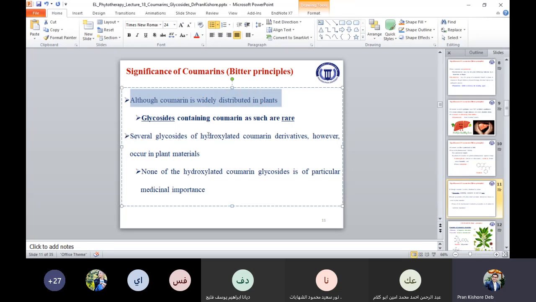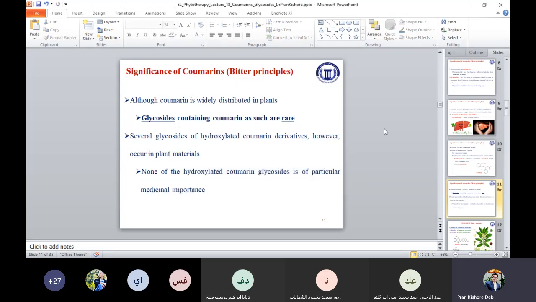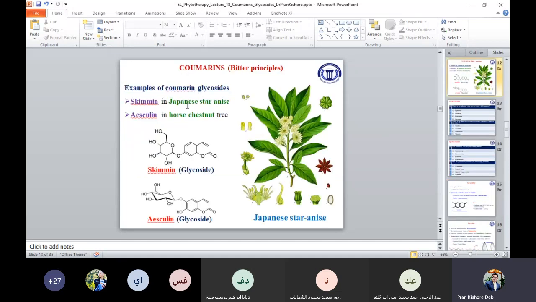However, several glycosides of hydroxylated coumarin derivatives are available in the plant, but none of the hydroxylated coumarin glycosides is of medicinal importance. So a very simple way to remember 2 points: coumarin glycosides are rare, and those which are available, they do not have much medicinal importance. We will see 2 examples.